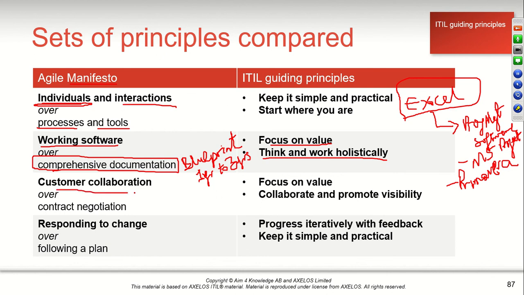Customer collaboration is to be preferred over contract negotiation. Many people that use non-agile methods always base everything on contract, contract, contract. They do not collaborate with customers. And because they base it on contracts, they always refer to the blueprint.